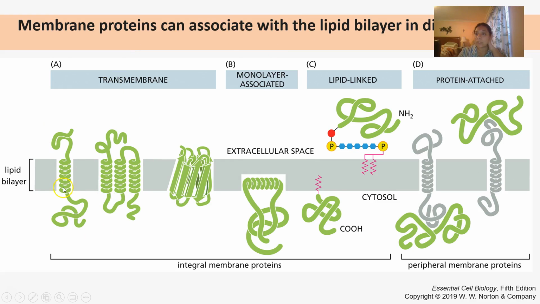So these are proteins where you will have a region that is hydrophobic, that is embedded within the membrane, and you will have areas that are hydrophilic, that are interacting either with the outside environment or with the internal space of the cell. These can have a single pass protein, so one time just passing through the membrane, or they may be passing multiple times and have multiple areas of interactions between the outside and the inside of the cell.